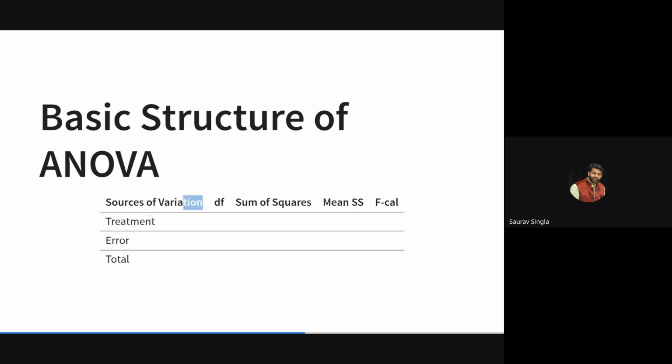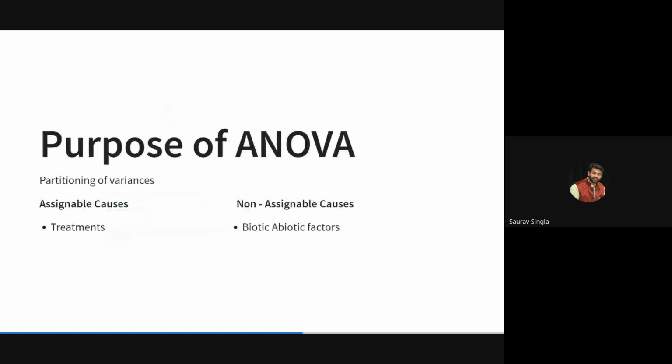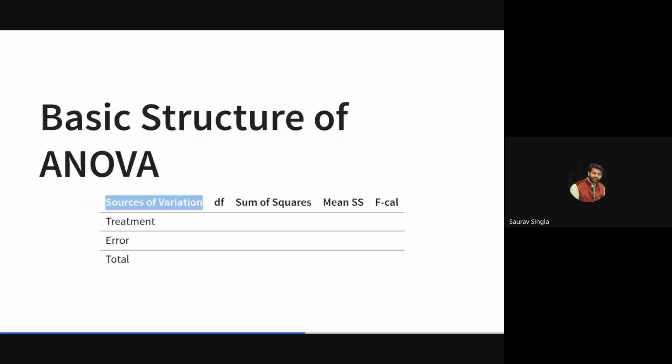Okay, so one thing is source of variation. This is the first column. What is the meaning of sources of variation? As I said, there are so many sources causing variation in the experiment. We said assignable causes and non-assignable causes.